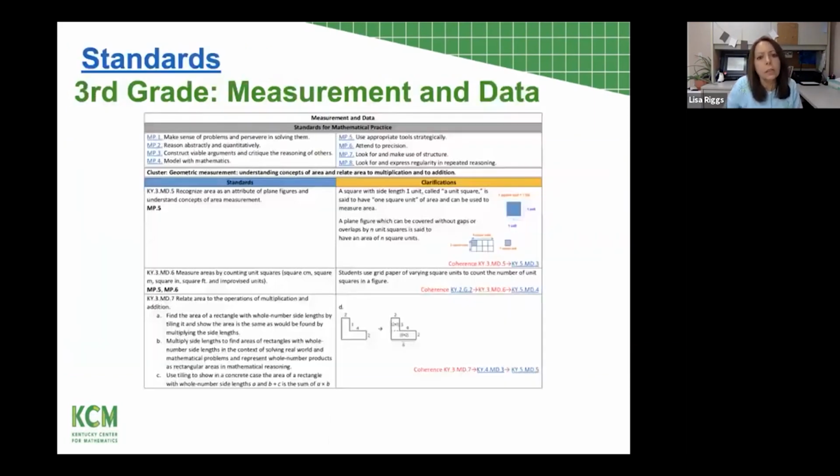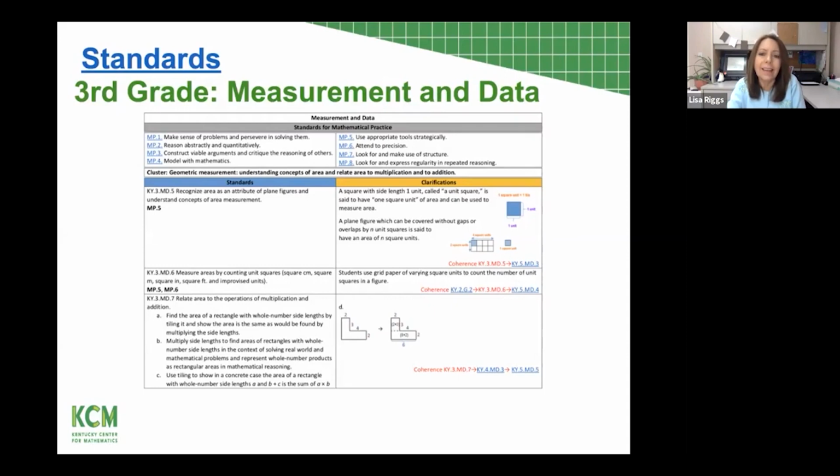Okay, so we're going to take a look at those 3rd grade standards and begin with that measurement and data. So in measurement and data, we are recognizing area as an attribute of plane figures and understand the concept of area measurement. So yesterday, that was a big focus of our topic in grades K2: attributes, attributes, attributes. We want kids to be attending to the attributes, and that continues.